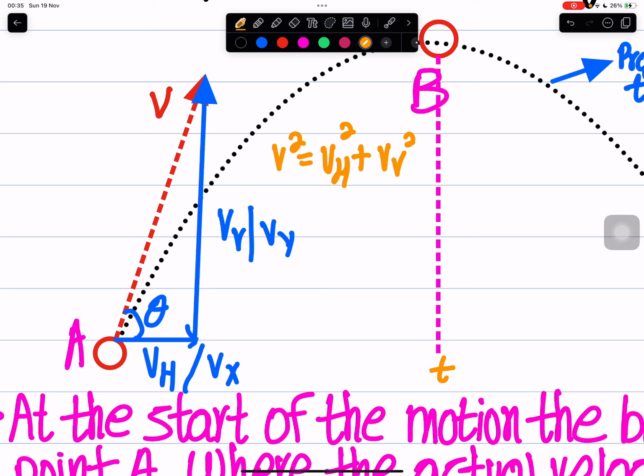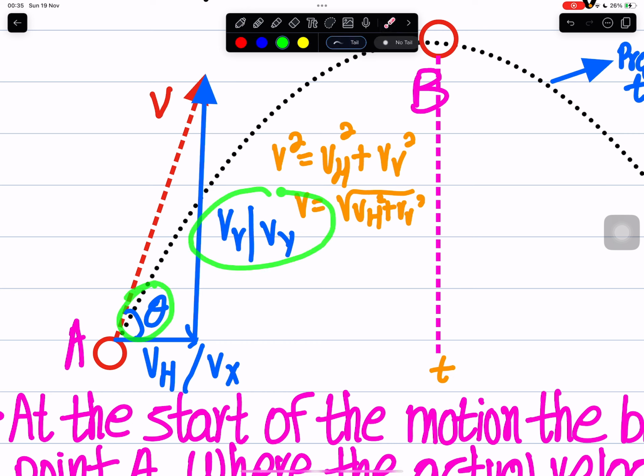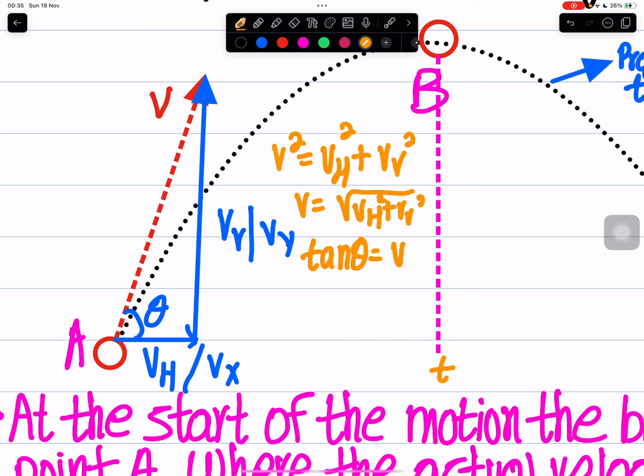So this relates all three components of velocity. And in order to relate the angle and both the components of velocity, you'll use tan theta is equal to opposite over adjacent.